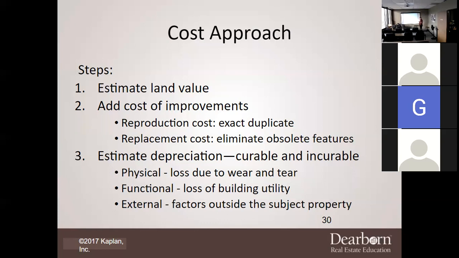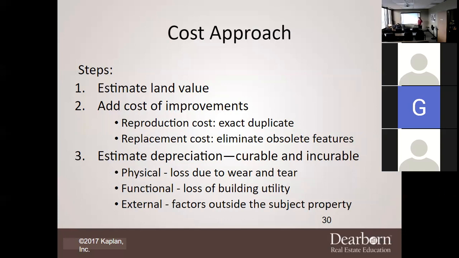So from 1800, Mr. Eugene, to 2021, the question for you, Mr. Eugene, is that a lot of years of wear and tear? 1800 to 2021. A whole lot. A whole lot. So in that situation, there's going to be a lot of depreciation taken off just from that.